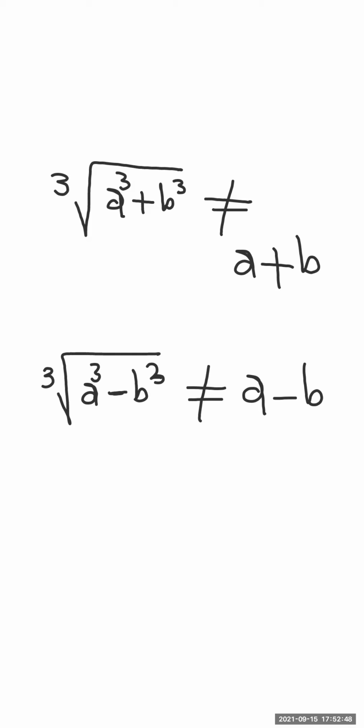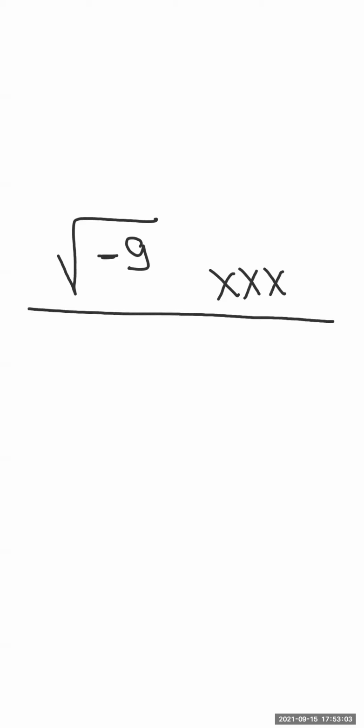Great. So the next point, guys, do you still remember in the square roots, we said that the square root of negative 9, for example, doesn't exist, because there are no two equal negative numbers multiplied by themselves to get -9.